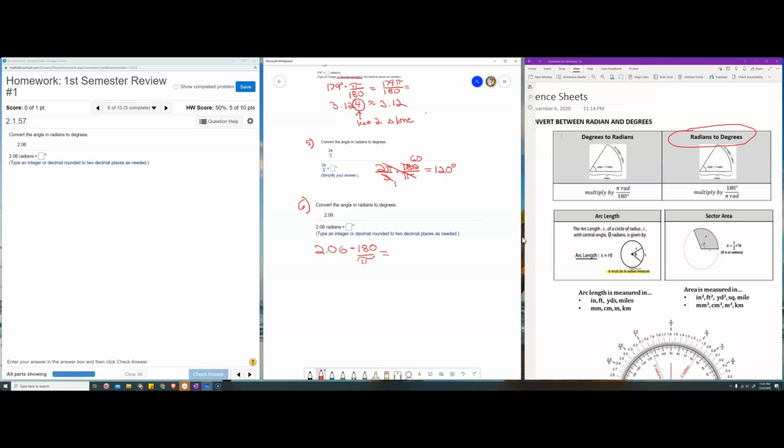So I do this on my calculator. My numerator, 2.06 times 180, and then I'm going to divide that by pi. Notice how I put it in parentheses so that it'll multiply those two numbers on the top first, then divide my answer by pi.